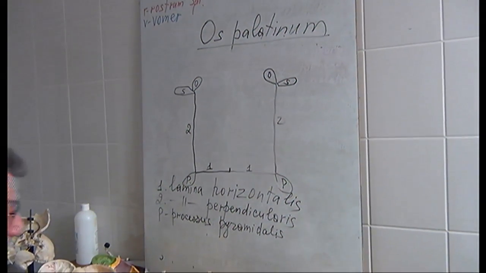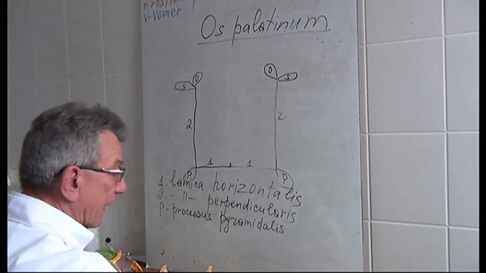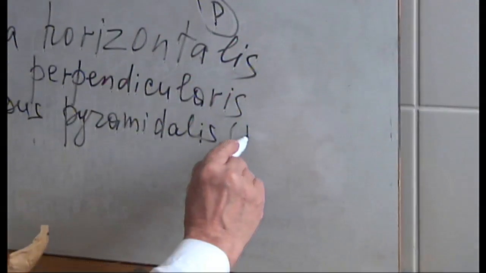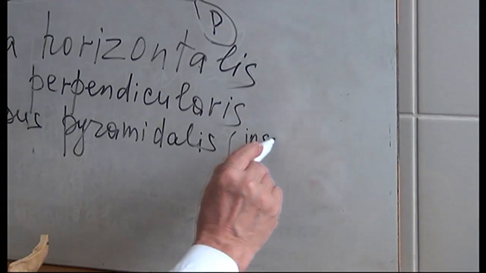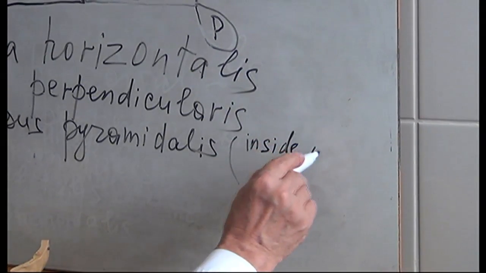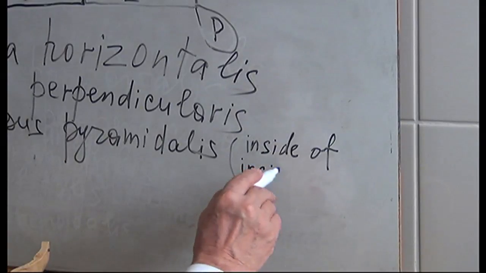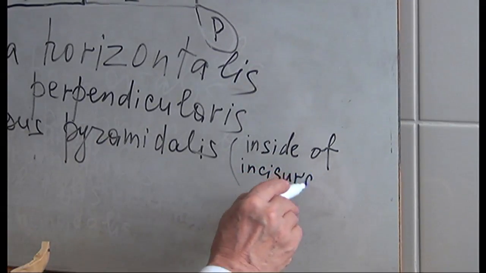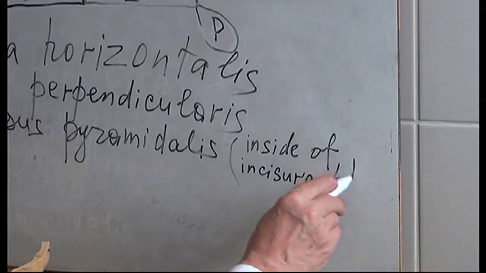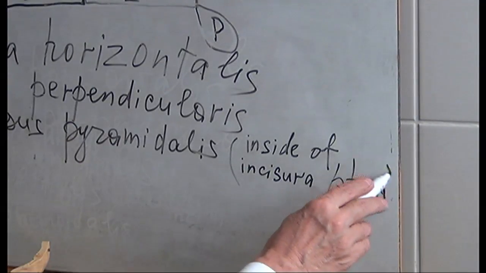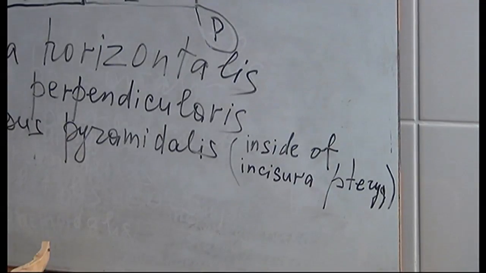We can, for example, write down here in parentheses: inside of incisura pterygoidea. It's an abbreviation, pteryg, incisura pterygoidea.